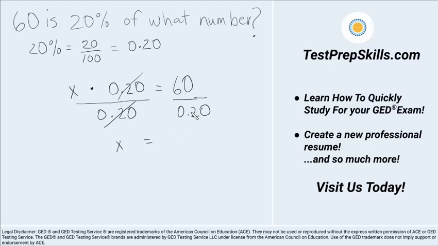Now, I have x equals 60 divided by 0.2. It's really important that we remember that a fraction is simply a division that we have not performed, okay? We don't need to ever perform the division. We can leave a fraction as a fraction. But when we have a question like this, where we have something like 60 over 0.20, we don't want to leave it like that.